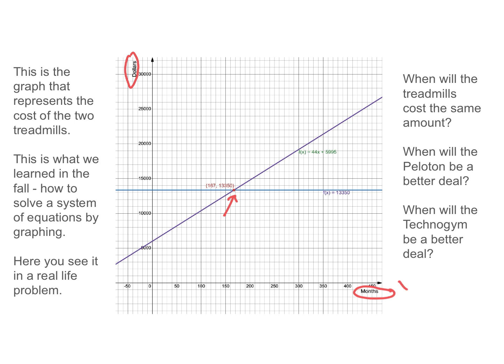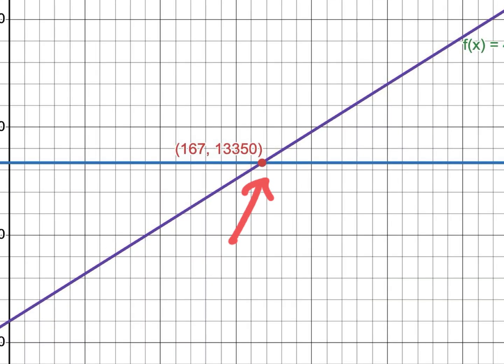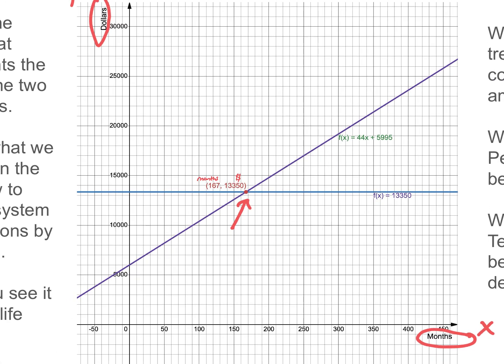Remember, that's our x value, our variable. And then we're looking at dollars. That's our y variable. So if we go to this intersection point, we see that our x variable is months, and our y value is dollars. So after 167 months is the break-even point.